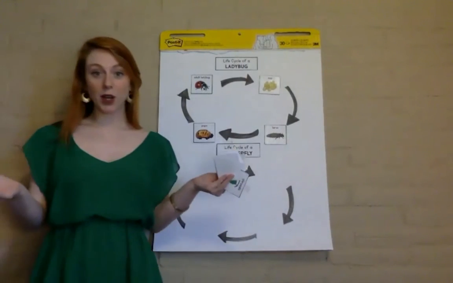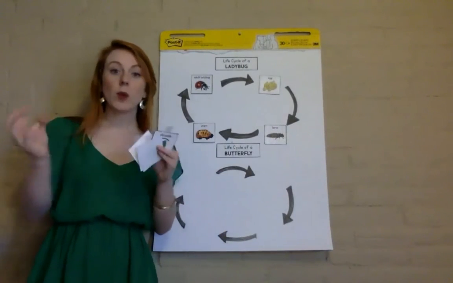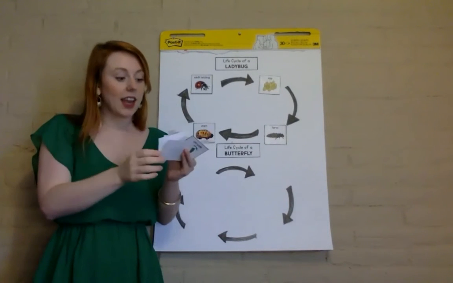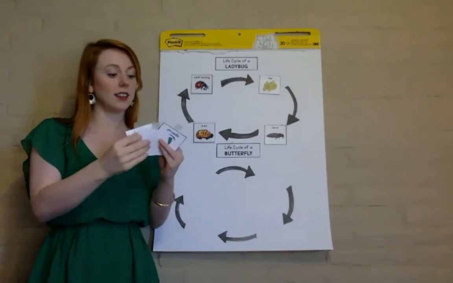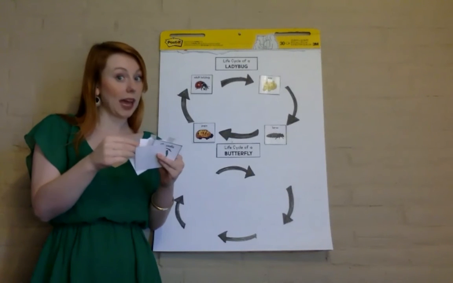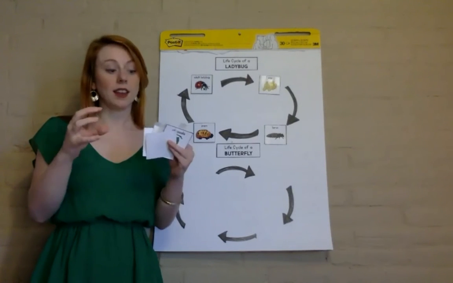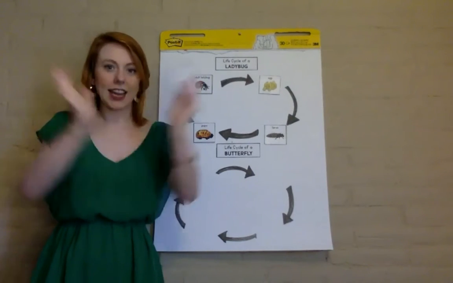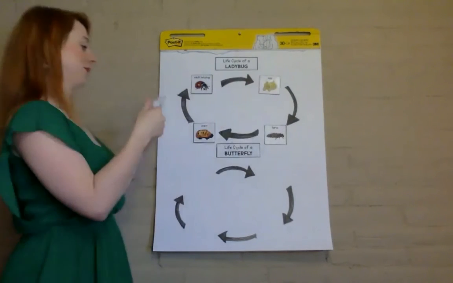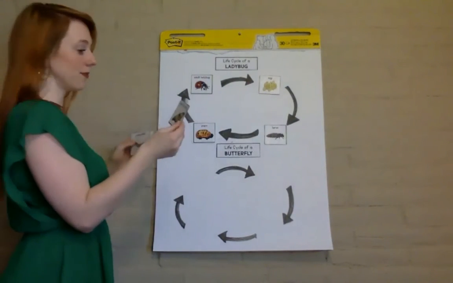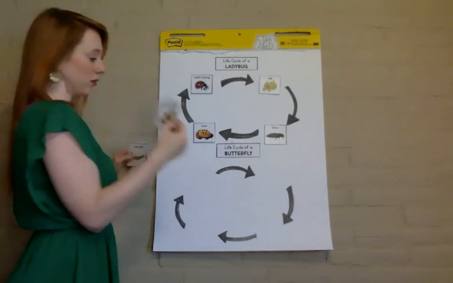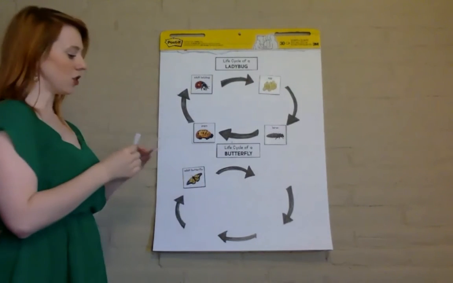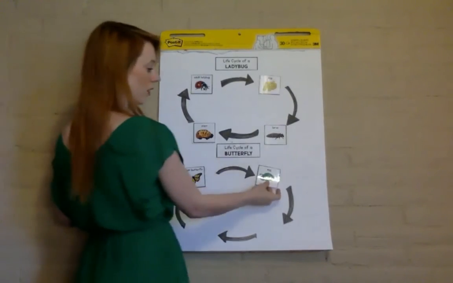And do y'all remember when we grew them in the classroom, we got them as little tiny eggs, and then they grew into a caterpillar, and then they formed the chrysalis, and then the chrysalis popped and hatched, and out came a beautiful butterfly. So the first series, we always start with the adult. Life cycle of butterfly, the adult butterfly lays eggs.